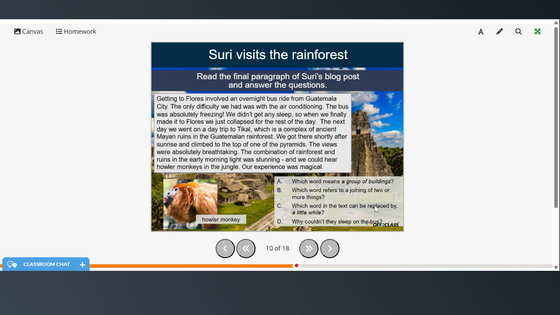So which word means a group of buildings? That would be complex. Which word refers to the joining of two or more things? Combination.